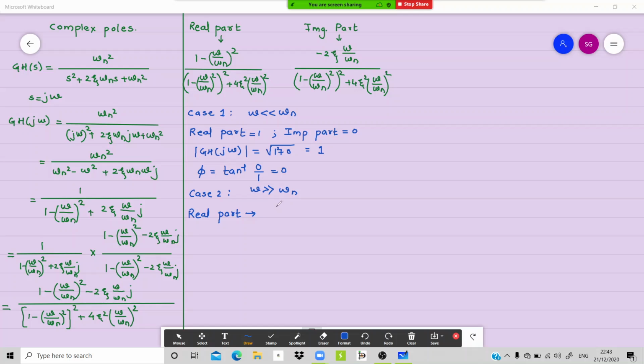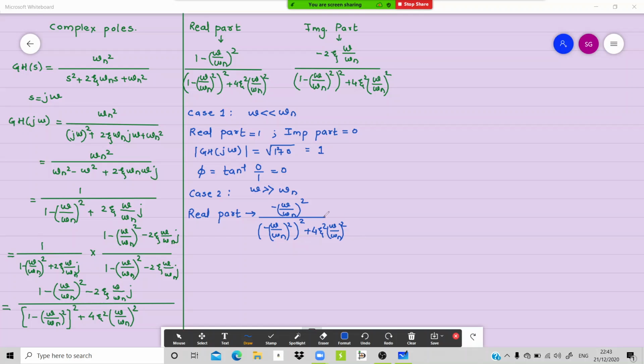So I'll write in short minus (omega upon omega n) square upon (minus (omega upon omega n) square) square, raised to 4 actually, right, plus 4 zeta square (omega upon omega n) bracket square.